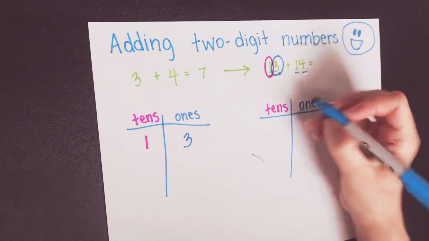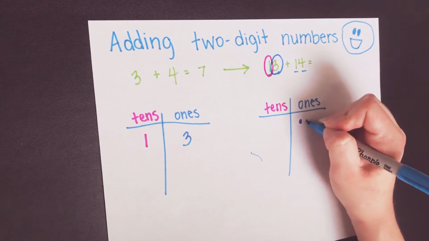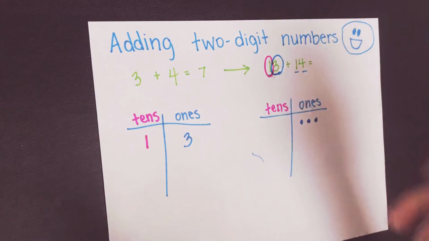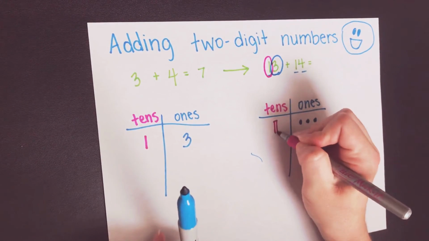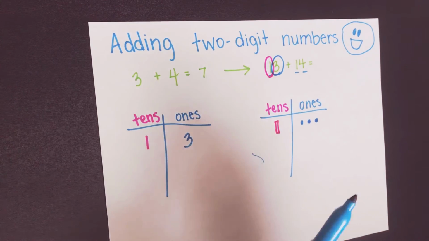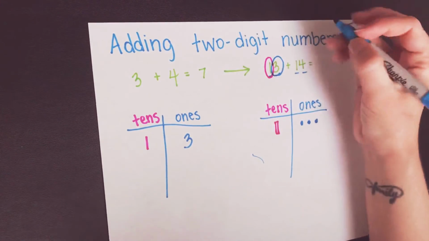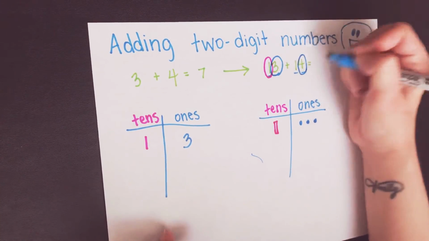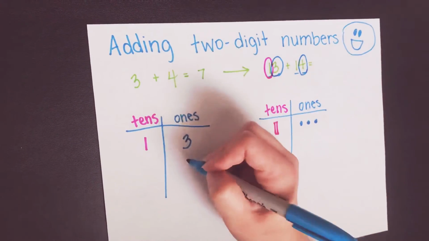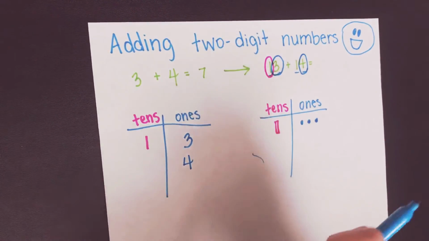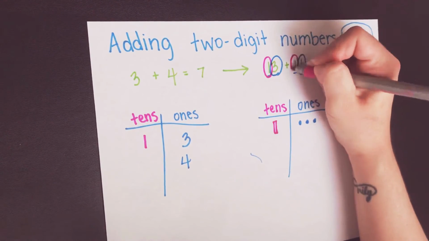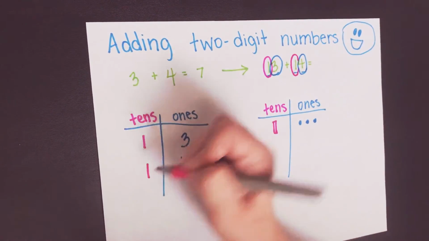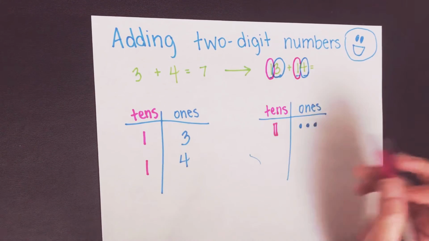And if I was to draw that over here, 1, 2, 3. And I have 1 ten. Now over here, I know that I have 4 ones. I think I actually did this in reverse of what I said I was going to do, but it's okay. And then I know I have another 10 to make 14.